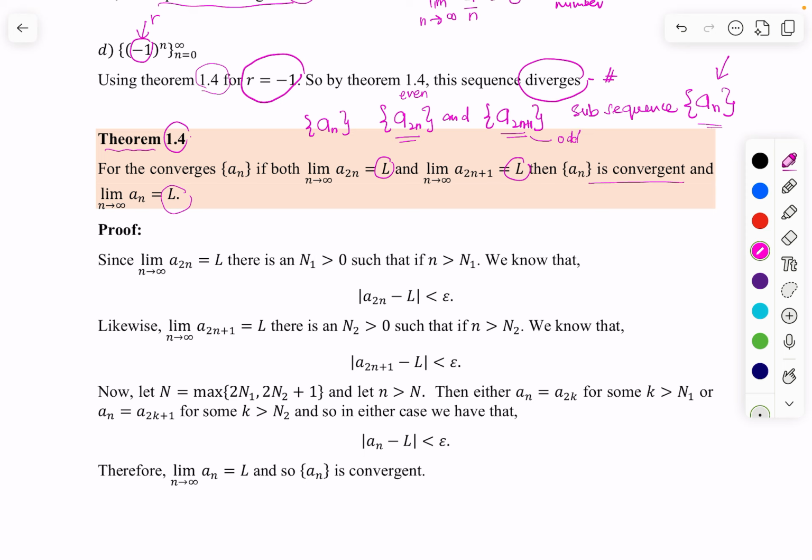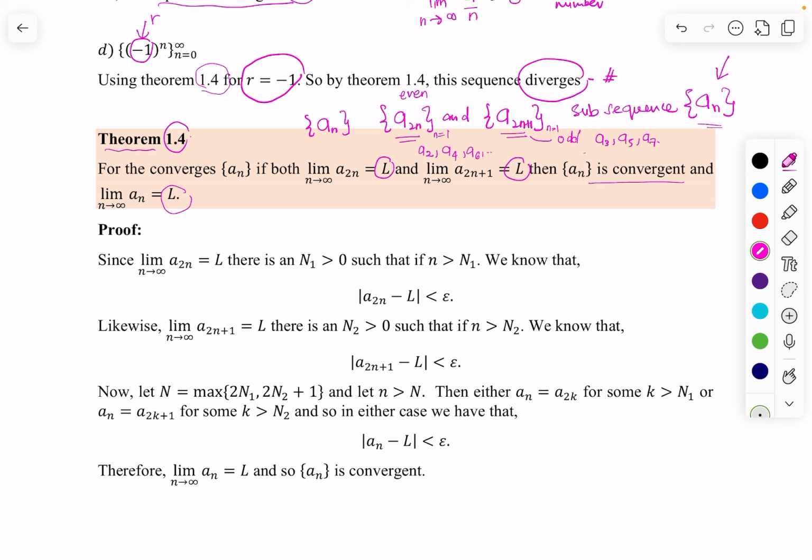Because why? Let's say n starts with 1, then 2 multiplied by 1 is 2, so you have a2, then 2 multiplied by 2 gives a4, a6, and so on. And for the odd ones, if you plug in n, you would get a3, a5, a7.